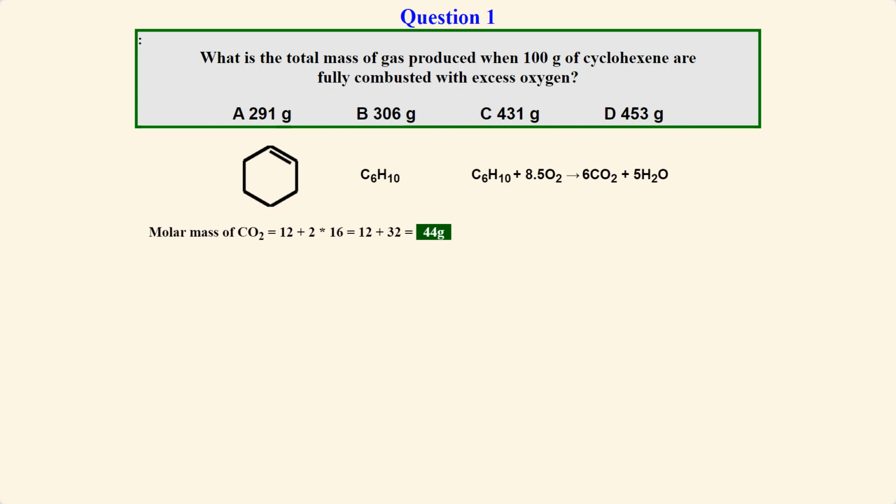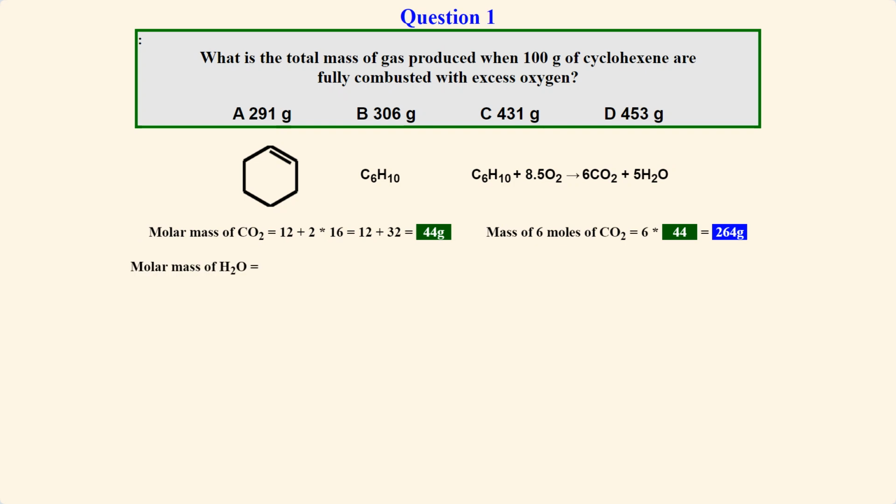So 44 grams is the molar mass of CO2. But in the equation there, we've got 6 moles of CO2, so we need to multiply the 44 by 6, and when we do that, we get 264 grams. So that's the mass of CO2 we get when we combust 1 mole of cyclohexene.